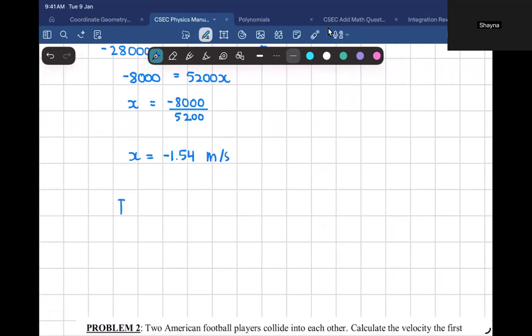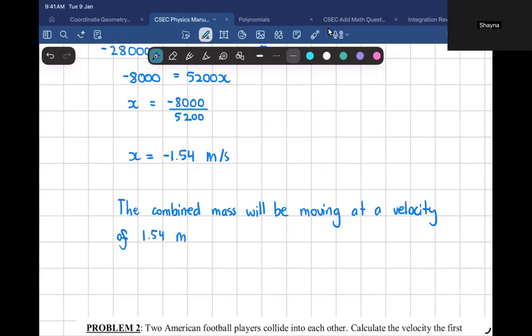So you could say the combined mass will be moving at a velocity of 1.69 meters per second in the eastern direction.